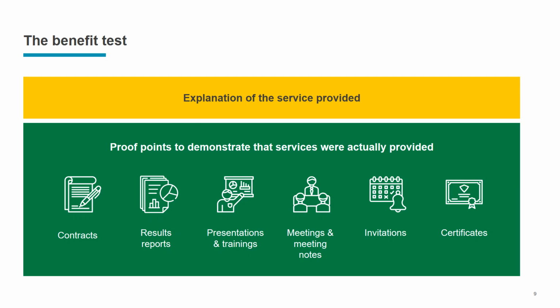So depending on the nature of the service, those proof points can be different, but you should always think from the perspective, how can we prove that the service was actually provided? How can the taxpayer make sure that tax authorities will be satisfied and will have comfort that they will not question that the service was actually provided?